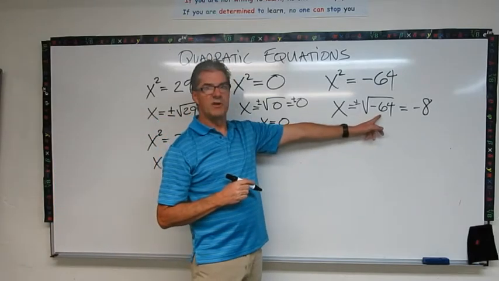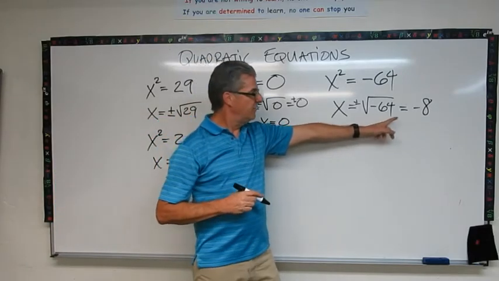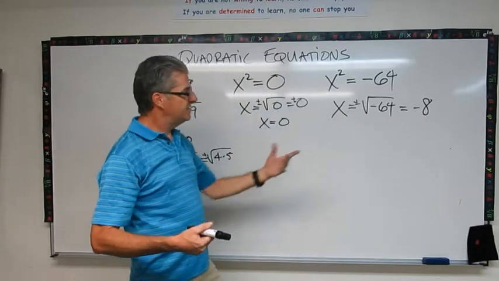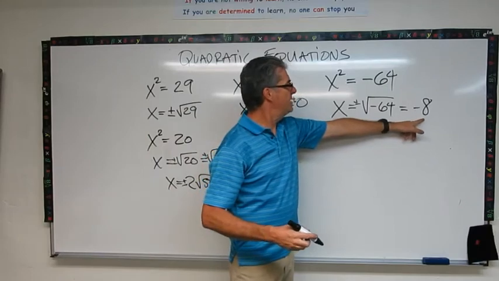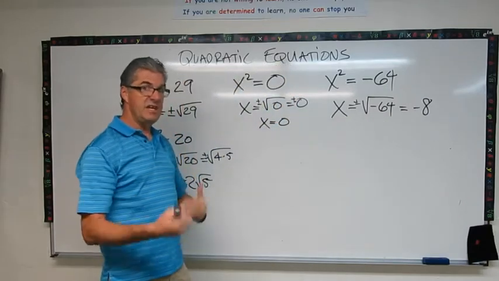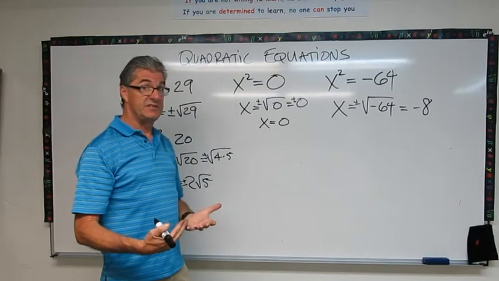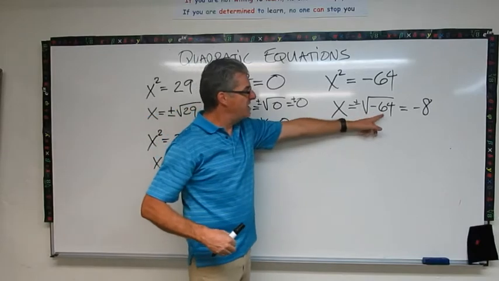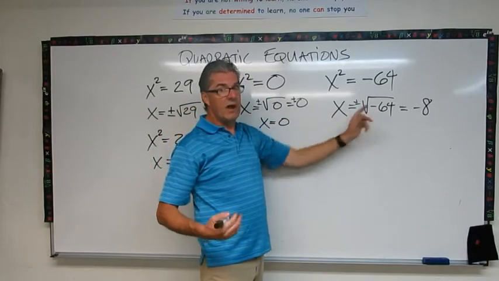What's the square root of negative 64? I wrote negative 8 to see if you would catch that. The way to check is, if I square this, I should wind up back at the negative 64. But negative 8 times negative 8 is positive 64. So if you recall from the radicals chapter, as soon as we have a negative under the root sign, we don't have a solution.